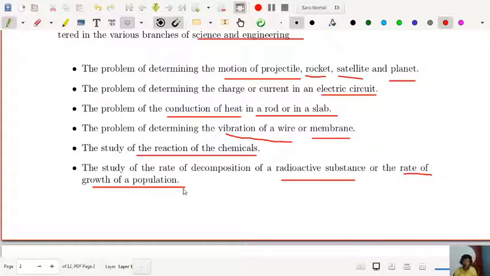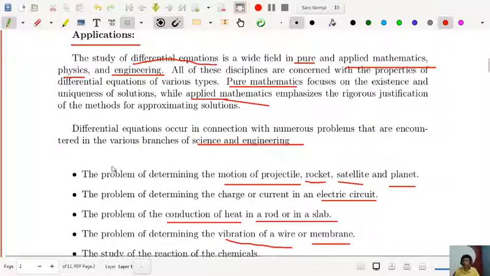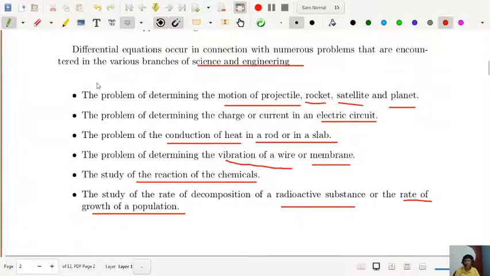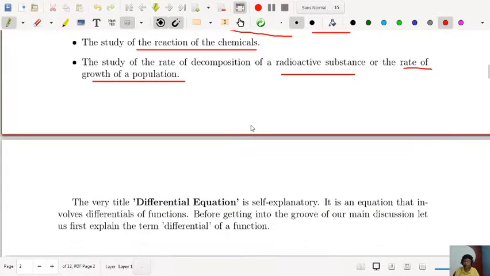So these studies require modeling on that topic, and that modeling needs a differential equation. So this is the short description of the applications. This is the last but not the least. There are so many applications all over the world. You will learn as far as you go through that. So it's a very important topic indeed.